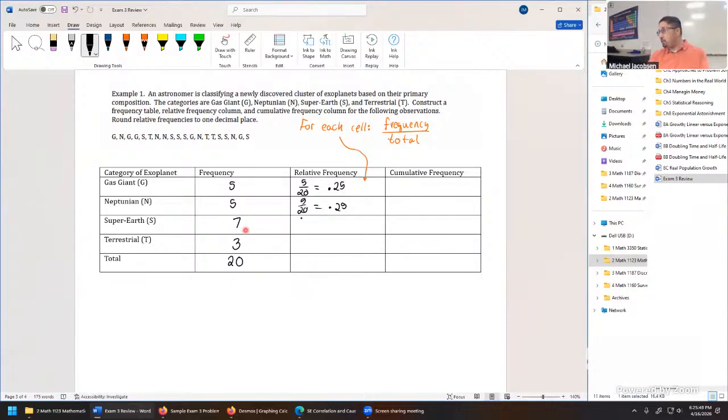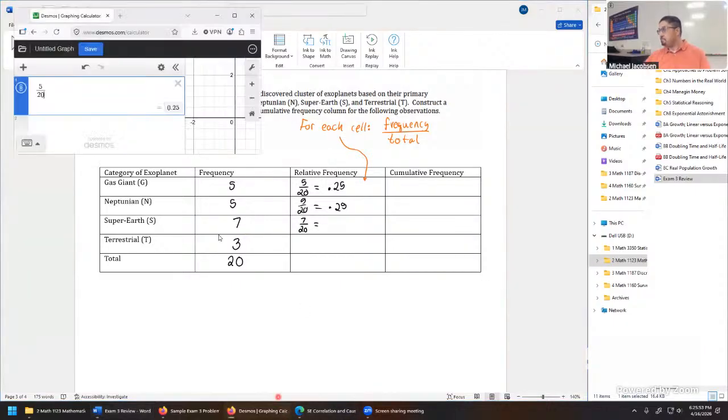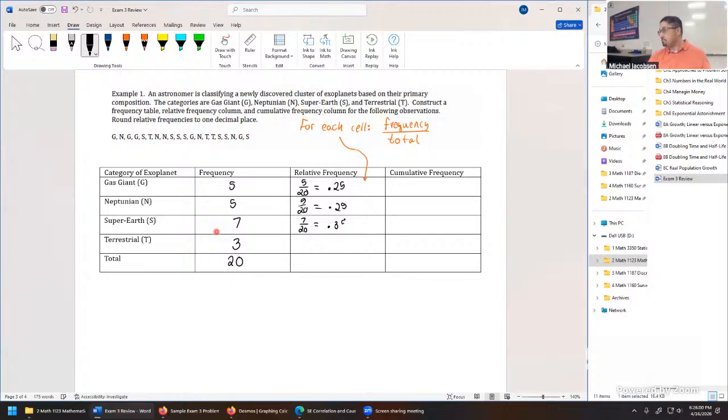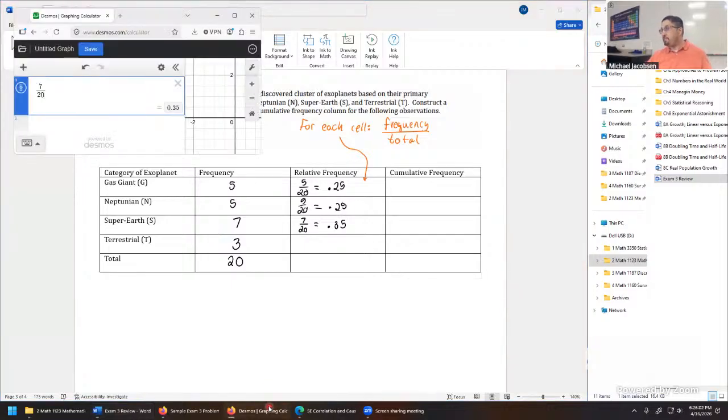Next one is 7 divided by 20, or 0.35. Then last, 3 divided by 20 gives us 0.15.